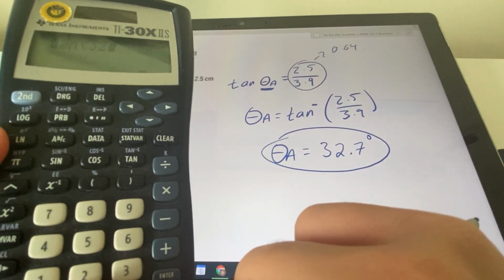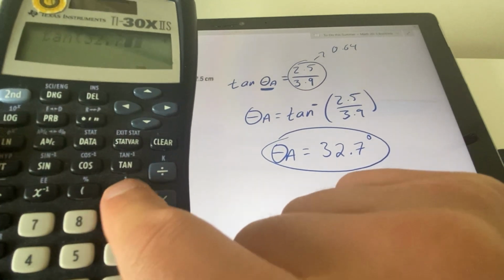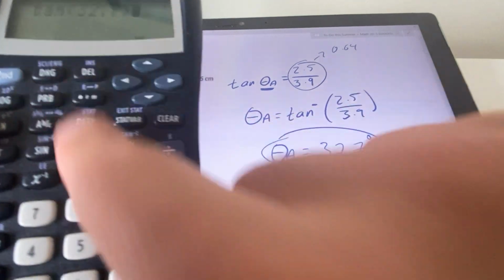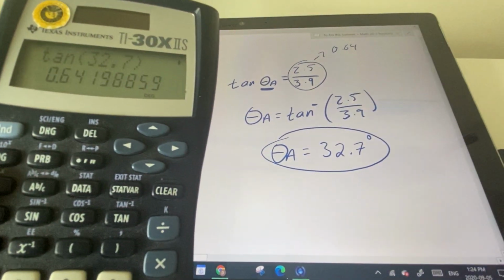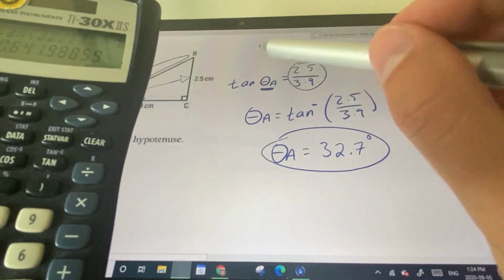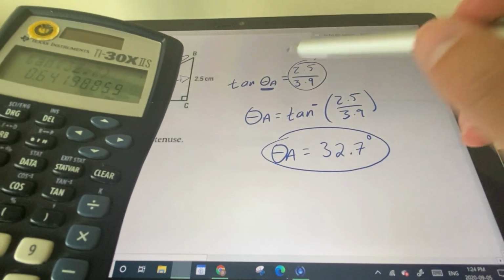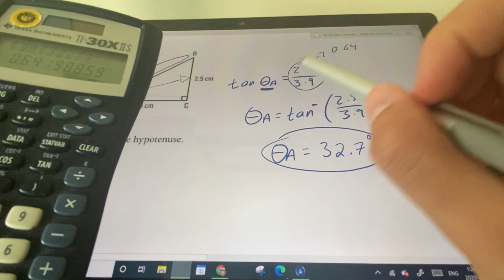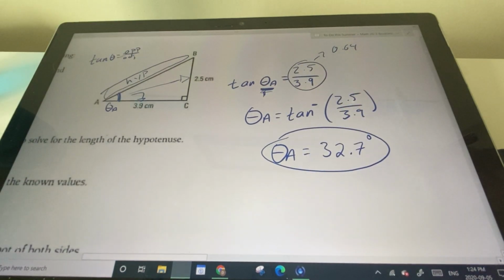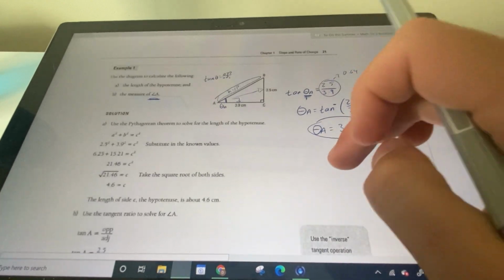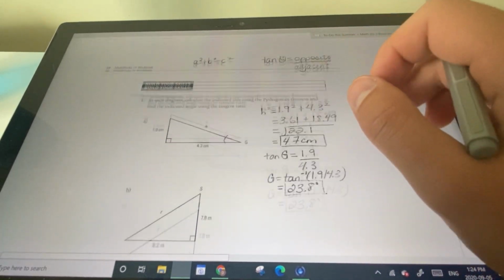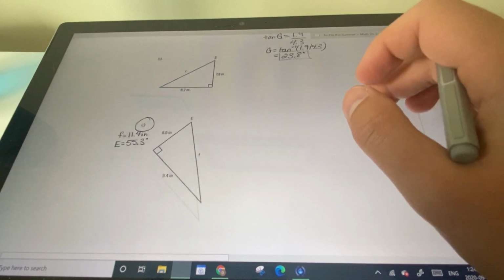Tan 32.7, that gives us 0.64, okay? So if you're trying to figure out what the angle is, you have to use inverse. If you're trying to figure out what the ratio is and you know what the angle is, you can just plug it in. And of course, this is going to take some practice, okay? So it's really important to be practicing your questions.